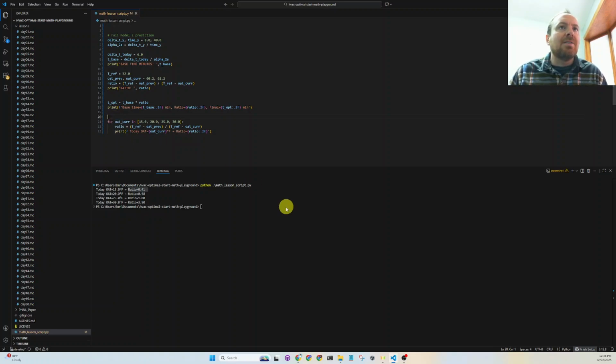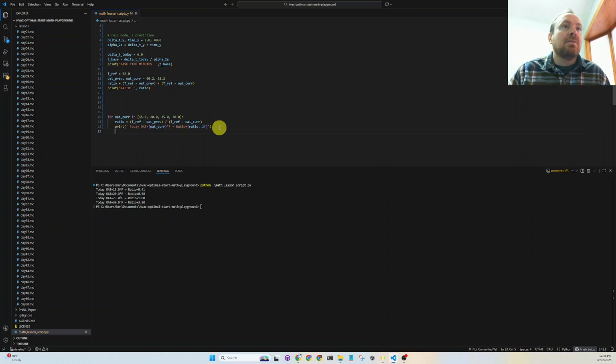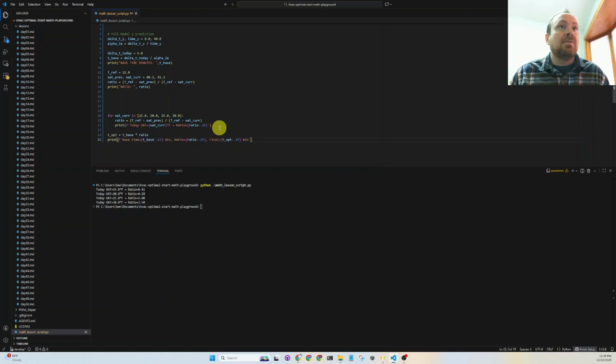Not that this would matter at all, but it doesn't even compute minutes. Actually, I think we could if we put this under here. I think we could do this then. Time optimize is the t base times a ratio. I think this should work.